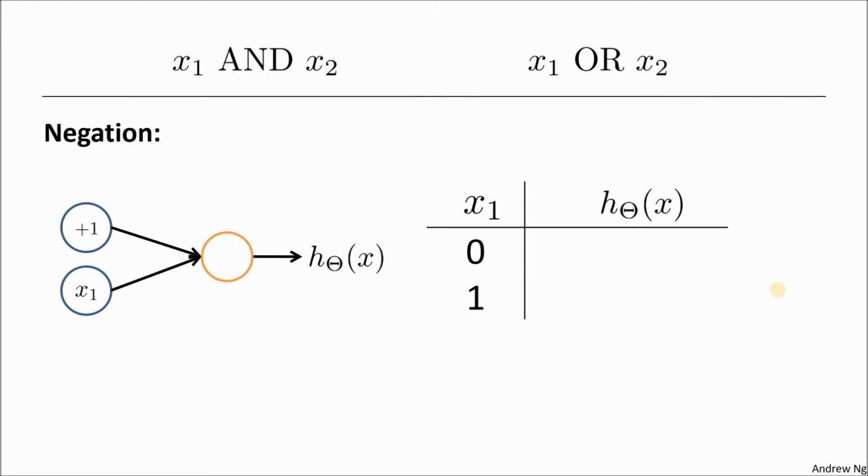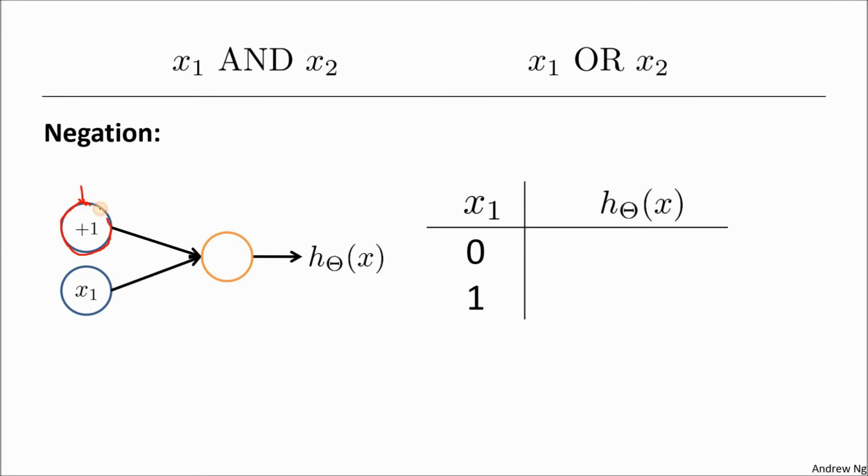Another example, this time there is only one input and we can make a NOT gate. If you remember the NOT gate, the input is 0, the output will be 1; the input is 1, the output will be 0. So for the NOT gate, remember for each neuron there must be one bias term. So this is the bias term, the 1.